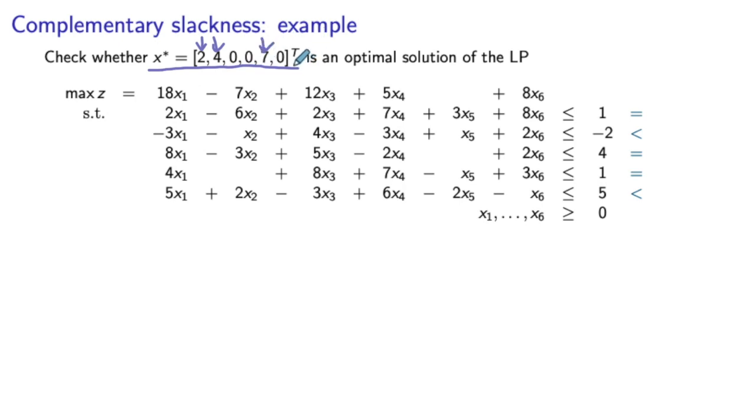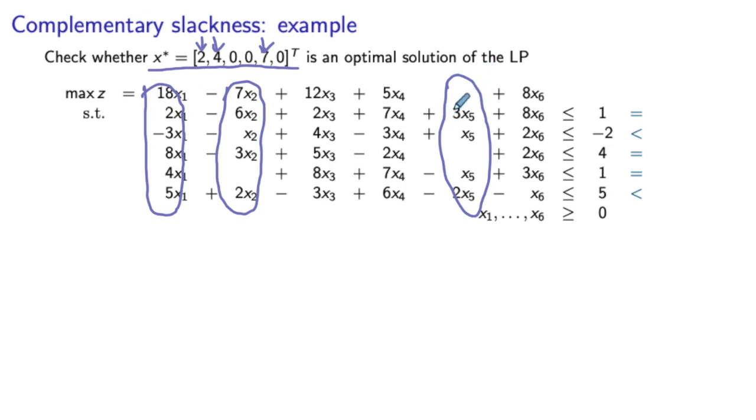So this means that for the dual problem, the first, the second, and the fifth constraint will be binding. Let me mark the constraints that will be binding here. This column will give us a binding dual constraint, then this column will give us a binding dual constraint, and the fifth one will give us a binding dual constraint.